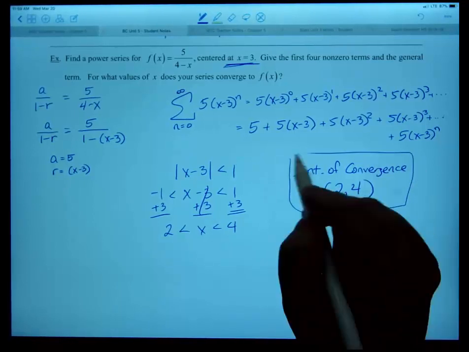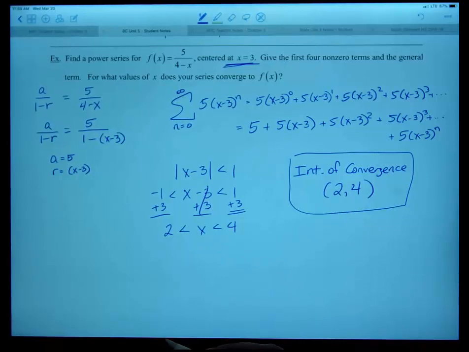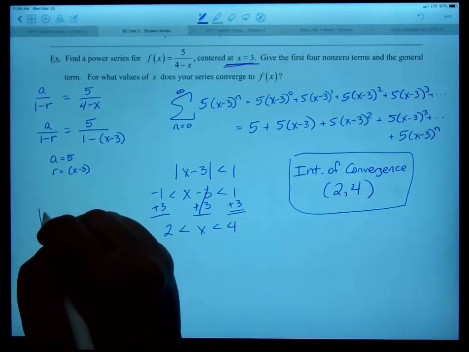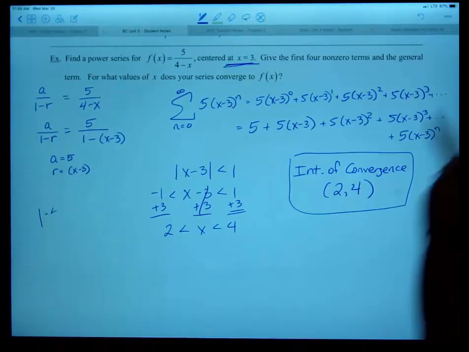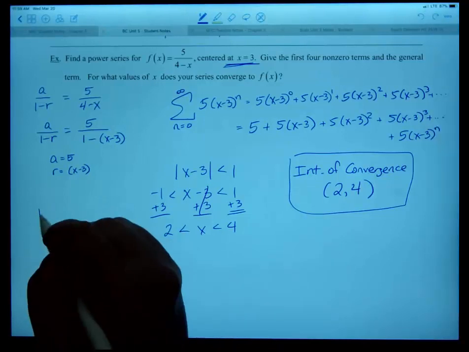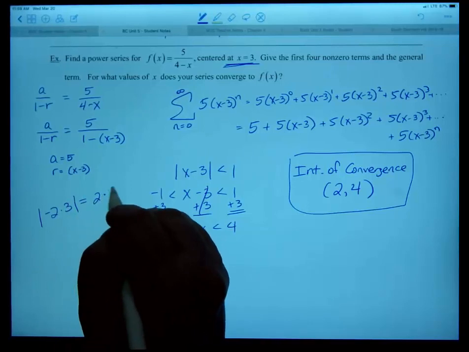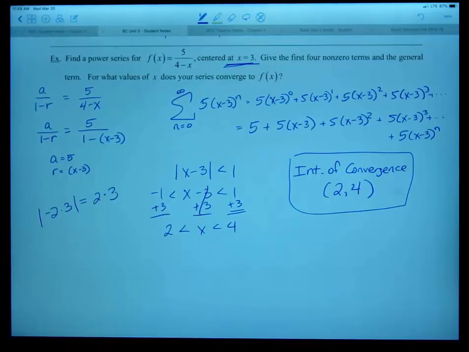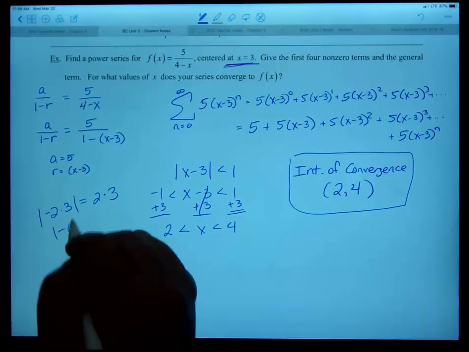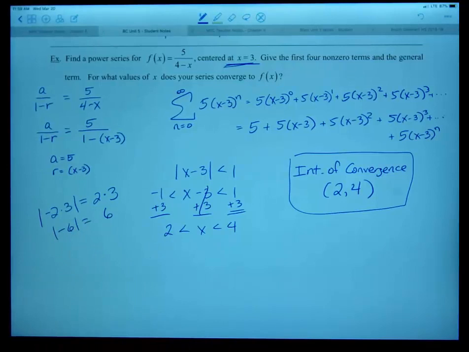Okay. Now, why can't you do that? Let's take an example this way. If you have negative 2 times 3 in an absolute value, can you make that 2 positive and bring it out? Well, let's see. What is negative 2 times 3? Negative 6. Does the absolute value of negative 6 equal positive 6? Yes.